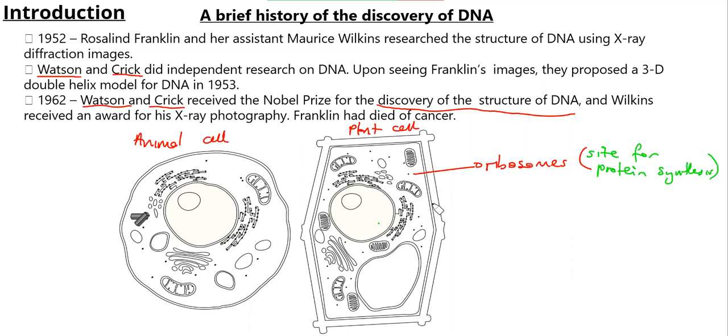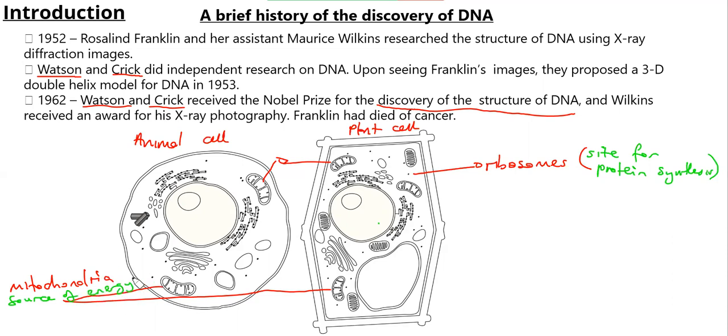Okay, then we have the mitochondria. We have the mitochondria here, and you can also see the mitochondria there. Let me just put it down this side. So we have the mitochondria, and your mitochondria is your source of energy of a cell.